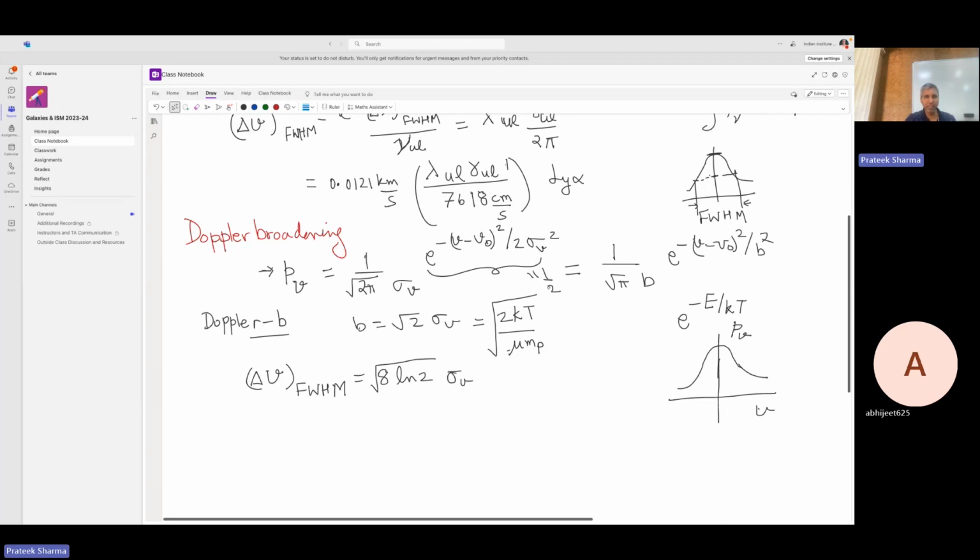So what I'm doing is I'm just equating this to a half. You take log on both sides, you get delta v is equal to square root of 2 sigma v times square root of log 2. Anyway, you know how to do this. This is trivial. So this is the velocity width. When it becomes half, this is your delta v FWHM.